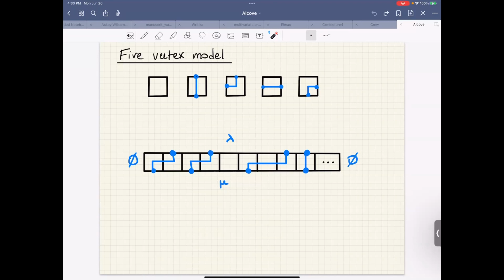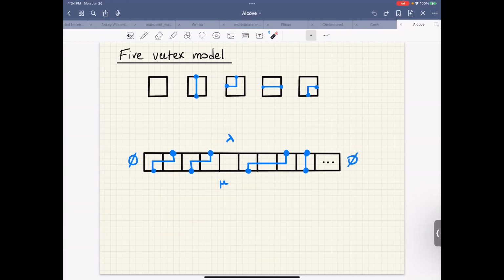For example, here I take an infinite row, where I fix the bottom of my infinite row to be the Maya diagram of a partition mu. Here I just put dots when I have particles. When I have holes, I put nothing. I can fix the left and right border to be empty and the top to be an integer partition lambda.